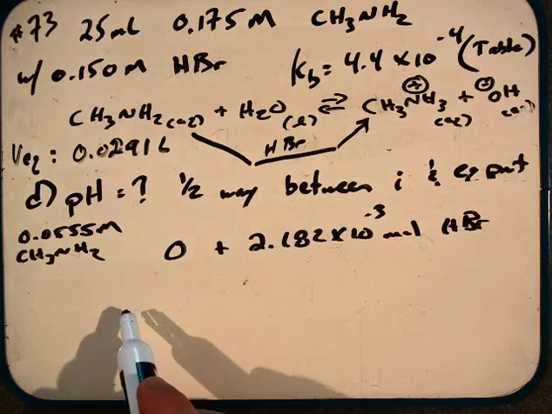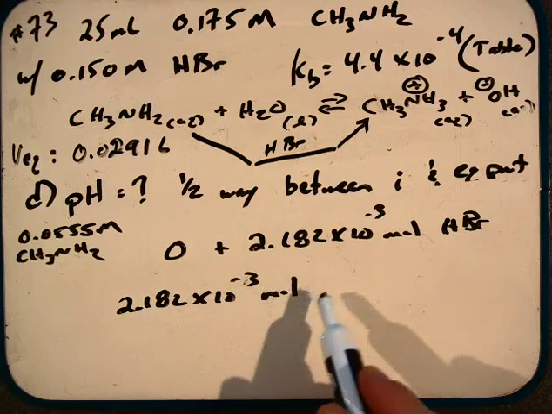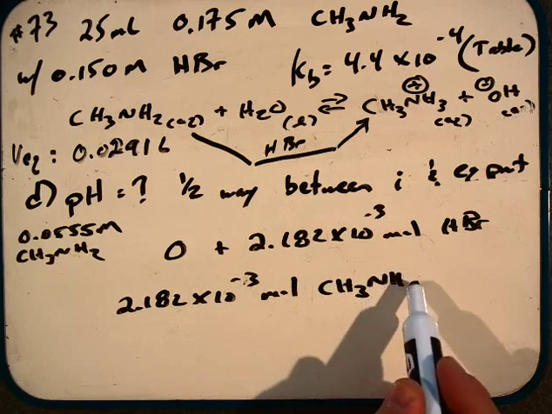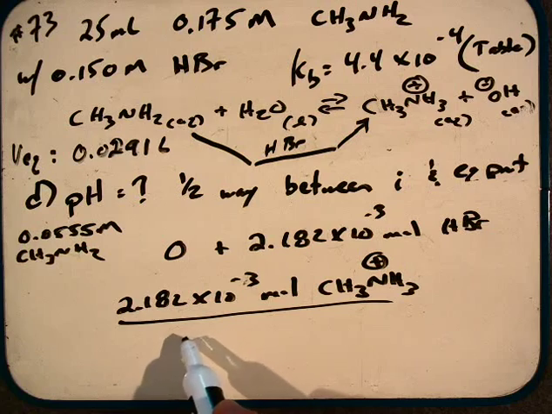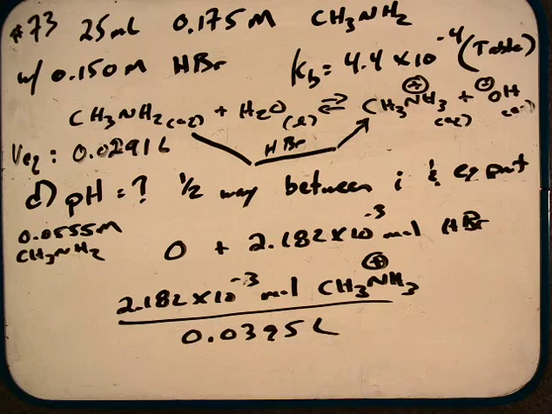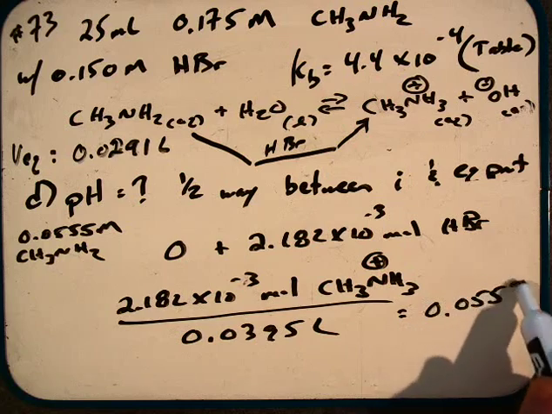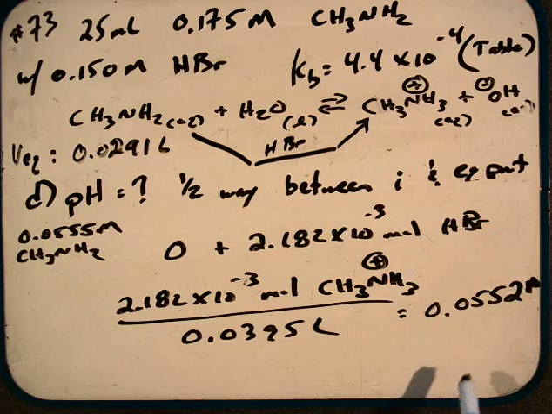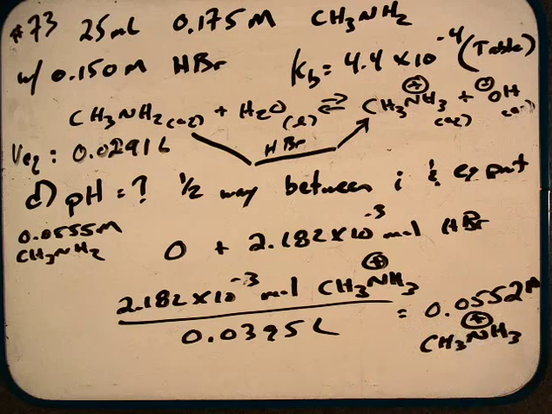And so now that gives us a value of 2.182 times 10 to the negative third moles of that conjugate that is formed. And so that would be then divided by our volume, again the same 0.0395 liters, to give us a value of, it's close, it's a little bit different, 0.0552 molar in that conjugate acid concentration. So we have 0.0552 and we have 0.0555. I mean, these really are the same concentrations.